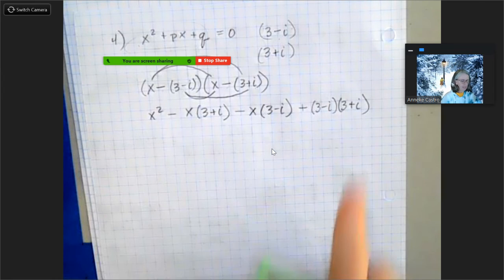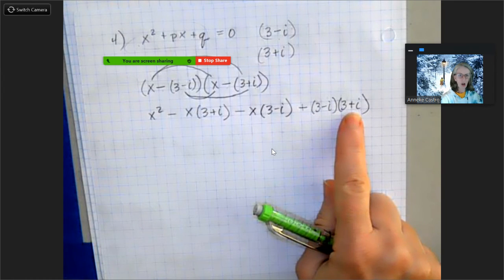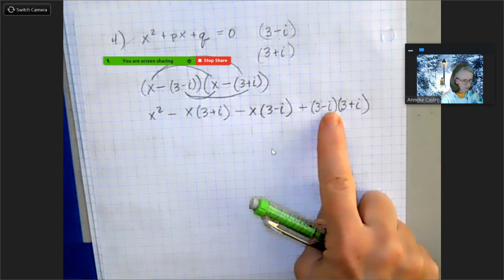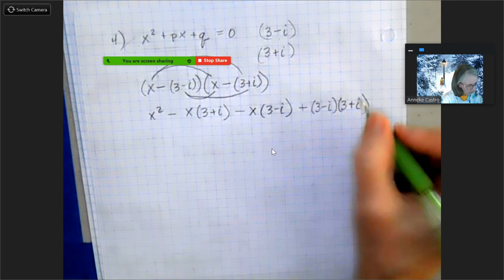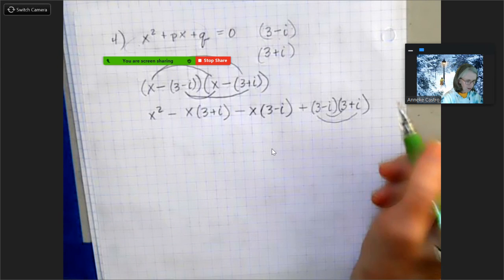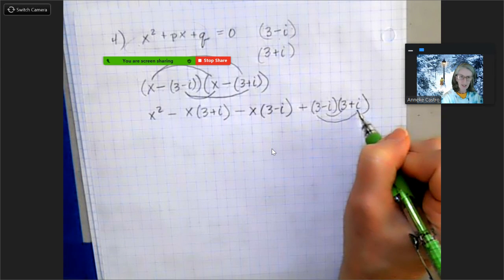Notice over here, I've got a complex conjugate. Complex because it has the number i, and conjugate because they're the same terms, but one's a minus and one's a plus. So when I multiply this out, the middle term is going to go away because negative 3i and positive 3i cancel out.